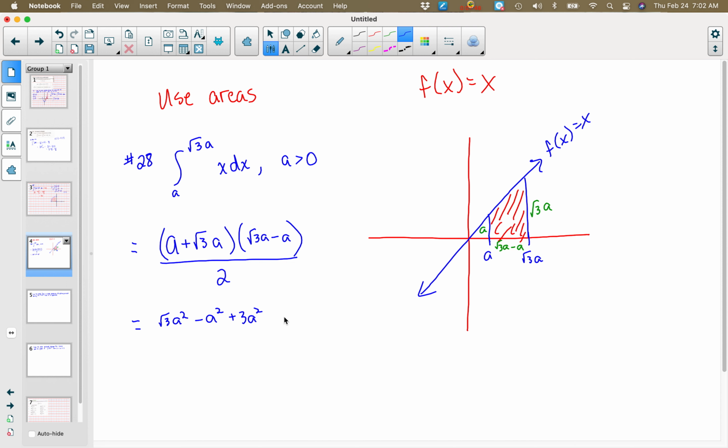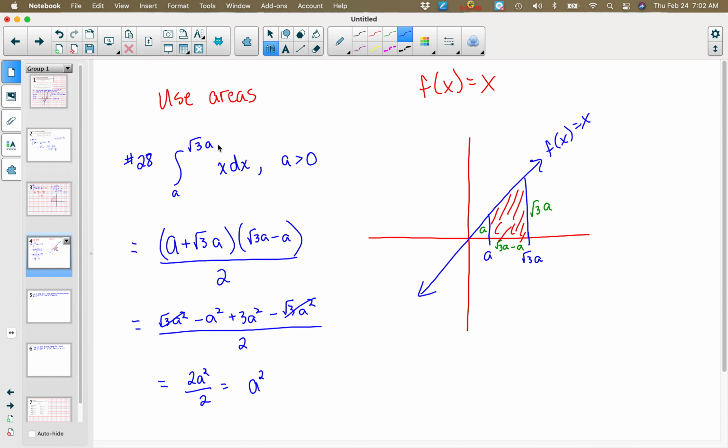And then the last is going to be minus root 3a squared, all over 2. And then notice that these cancel, and I'm left with 2a squared over 2, which is just a squared. And that's a lot easier, simplified.